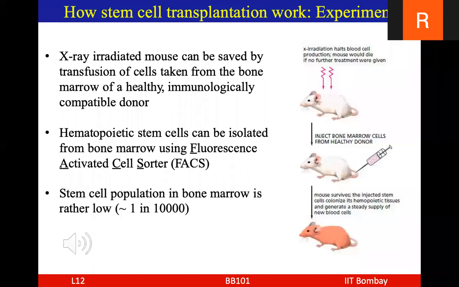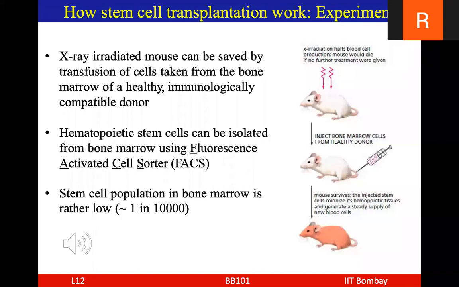So any disease related to blood is treatable, whether it's thalassemia, sickle cell disease, or all the different types of cancer originating from T cells, B cells, myeloid cells, whatever the blood cell cancers are. They are treatable, and the treatment can be via stem cells.